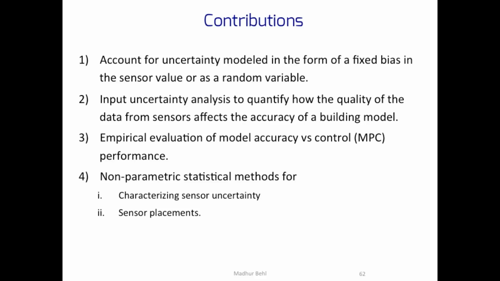I've come up with an empirical method of evaluating the accuracy versus control performance trade-offs. And lastly, also included in this tool is a suite of non-parametric statistical methods that can be used to make decisions and analyze sensor placement and data conditions as well.